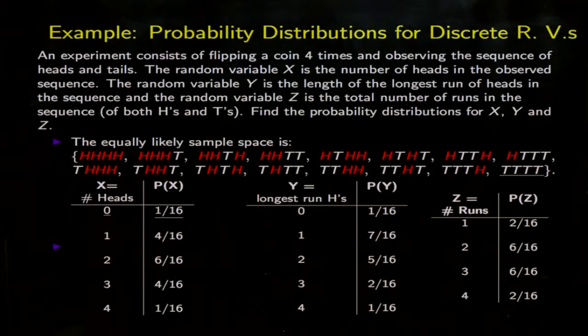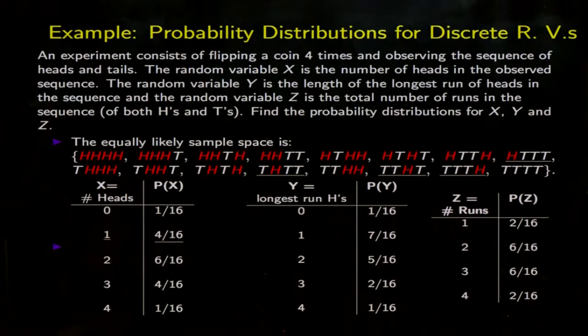There's only one sequence in the set of outcomes where the number of heads is 0, and that's where we have all tails. So there's one outcome in the sample space which corresponds to x equals 0, and therefore the probability x equals 0 is the probability that that one outcome happens, which is 1 over 16. It's an equally likely sample space.